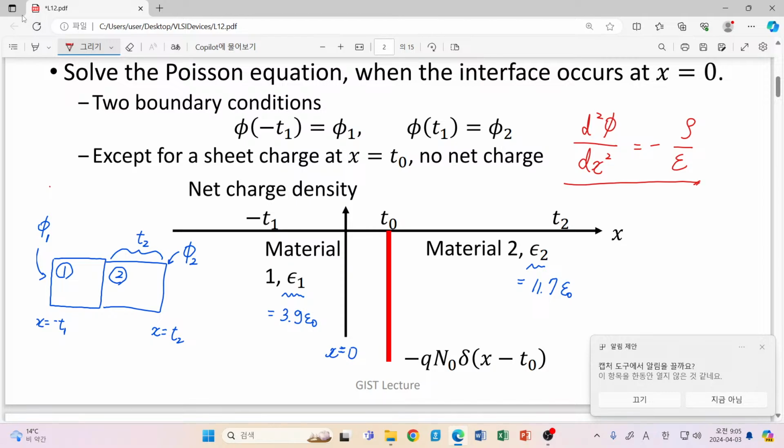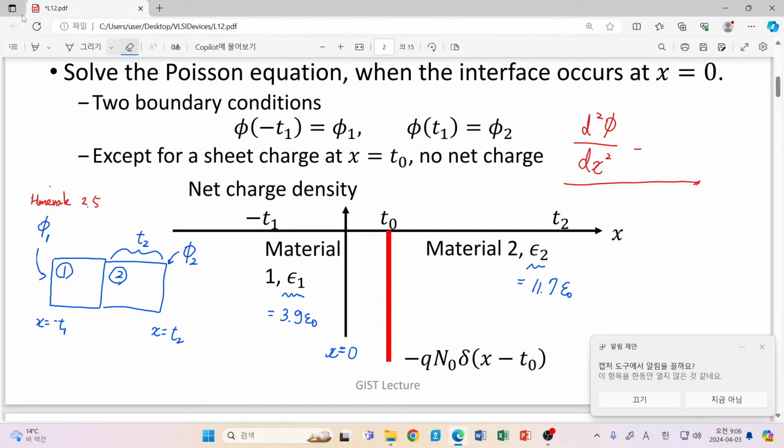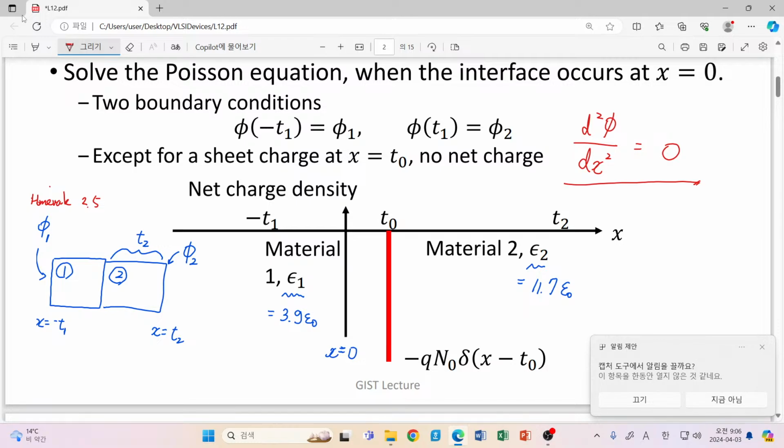However, in my simple problem, not the realistic homework but like homework 2.5, we assume that everywhere inside this system rho, the net charge density, is equal to 0. It means that although we must solve a Poisson equation, in this case we are allowed just to solve a Laplace equation.